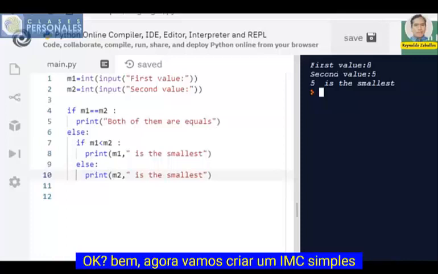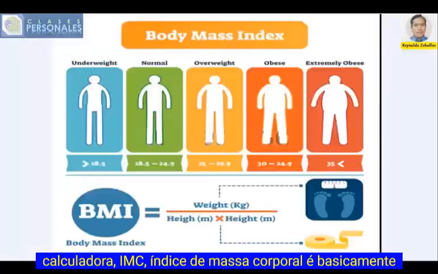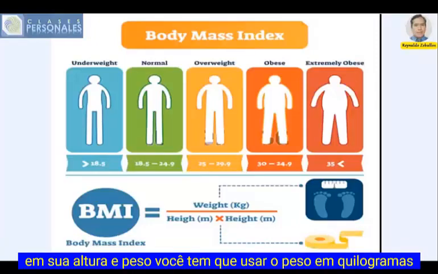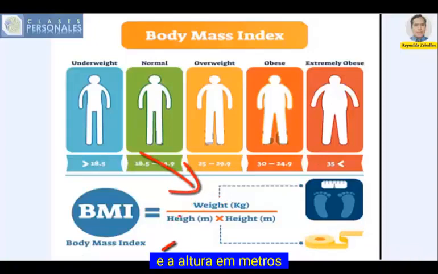Okay? Well, now let's create a simple BMI calculator. BMI, Body Mass Index, is basically a number that can tell if a person is overweight or not, depending on their height and weight. You have to use the weight in kilograms and the height in meters.